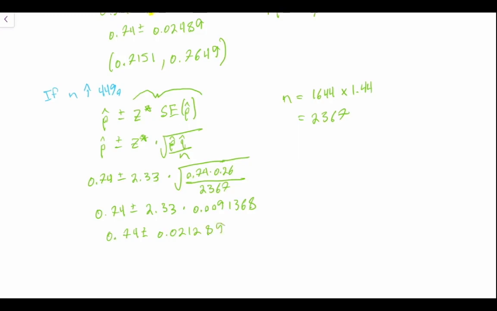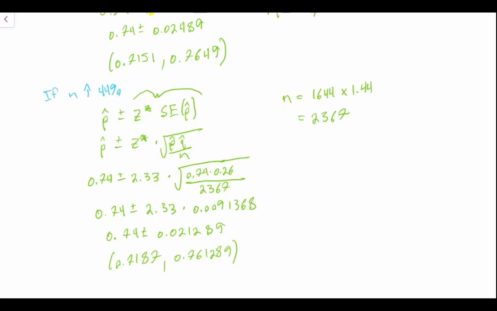So 0.021289. Then we're going to do 0.74 minus this value, which will give us 0.7187. And then 0.74 plus this value gives us 0.761289.